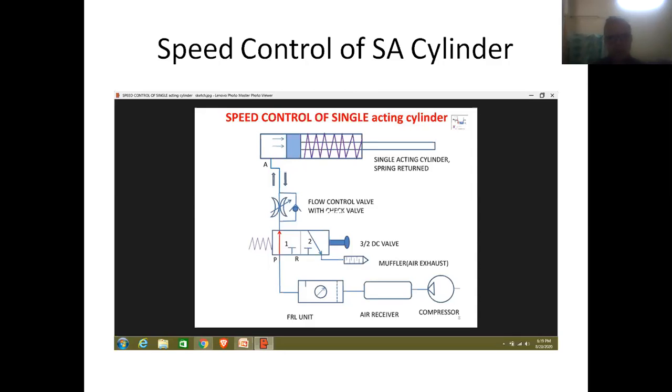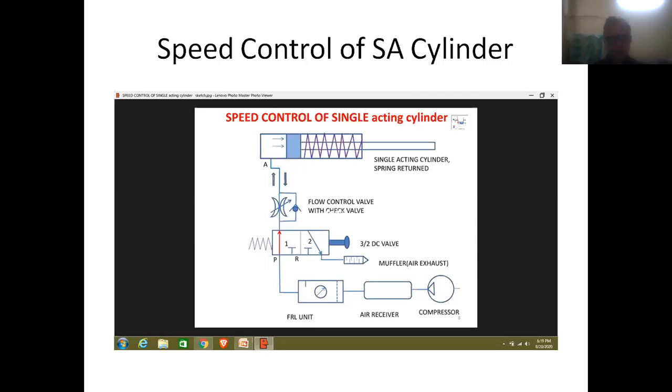So friends, these are the components of flow regulator. The first component is called throttle valve, used for sending the fluid into the cylinder. And the second component is called check valve, placed in reverse position, so it is used for receiving the fluid coming out of the cylinder.